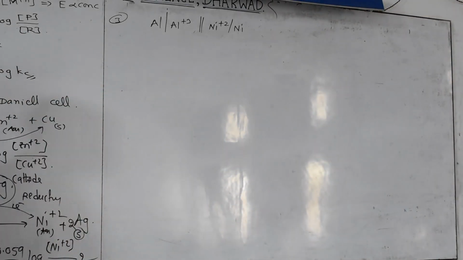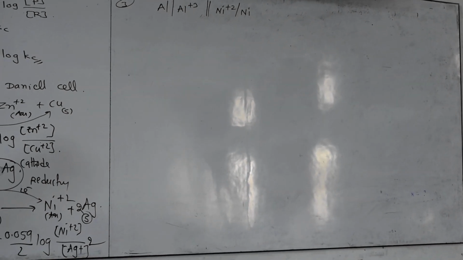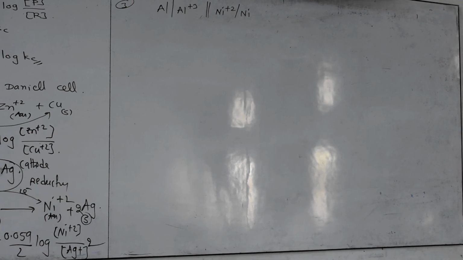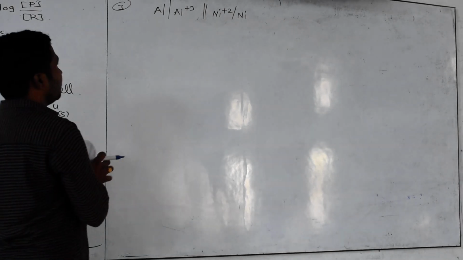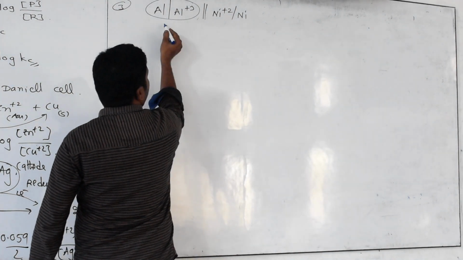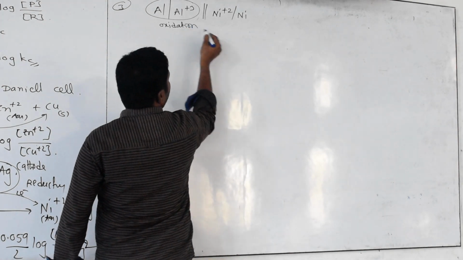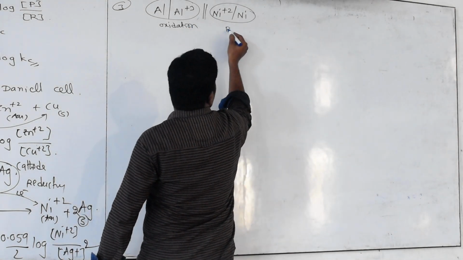Good question. A lot of meaning is there. What is that one? Left side part, LHS, anode, oxidation, yes or no? RHS, cathode, reduction. Yes, very clear.